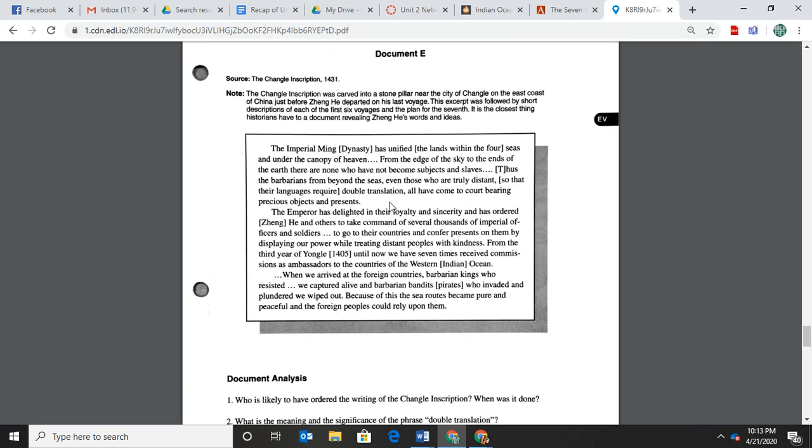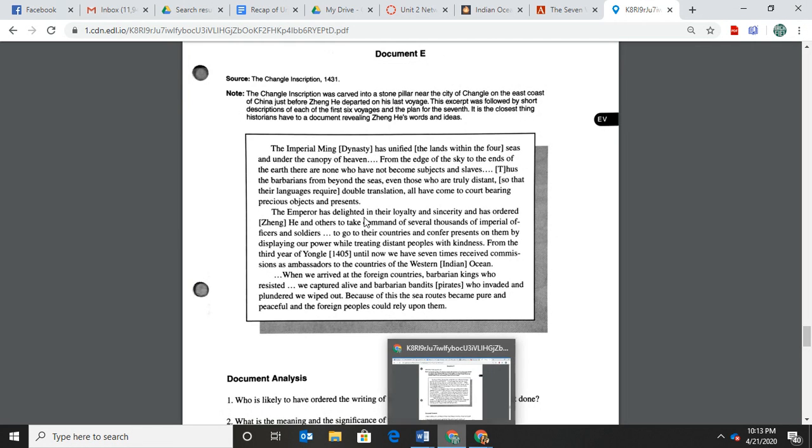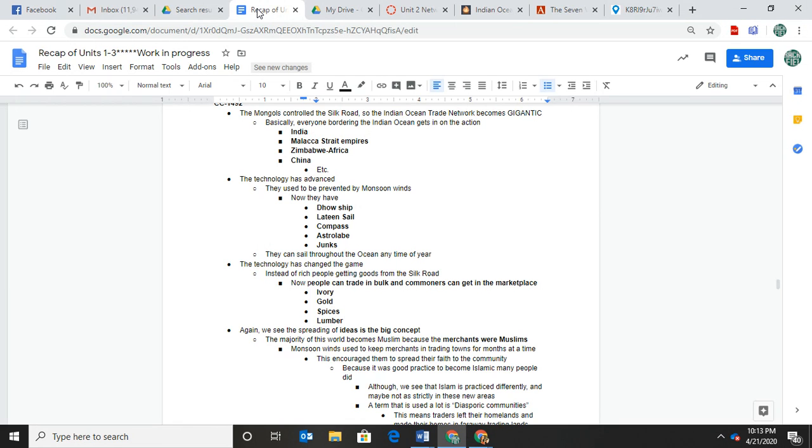You're going to get 5 documents, and the chart's going to say something like name of document, or document number 1. Does it support your thesis? Yes or no? Who wrote the document? So let me see if I can just bring it up really quickly. I don't know if I can find it here.